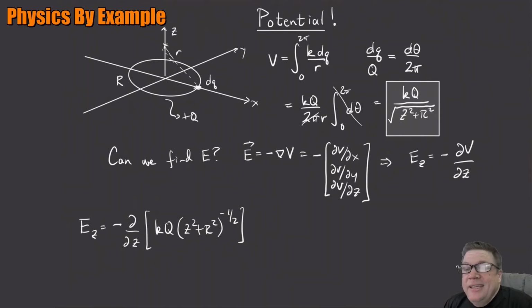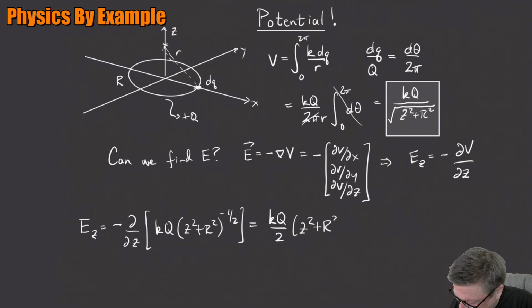Bringing the minus 1/2 down, the negative sign goes away. So I get kQ times 1/2, times z squared plus r squared to the minus 3/2.